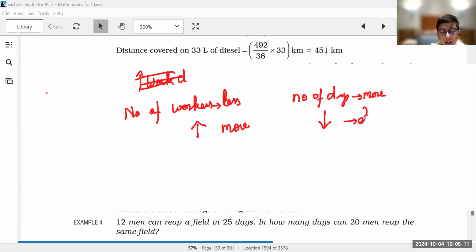Are there more examples? Yes, there are more examples also. So first of all, we understood this. Yes, this is a case of inverse variation.